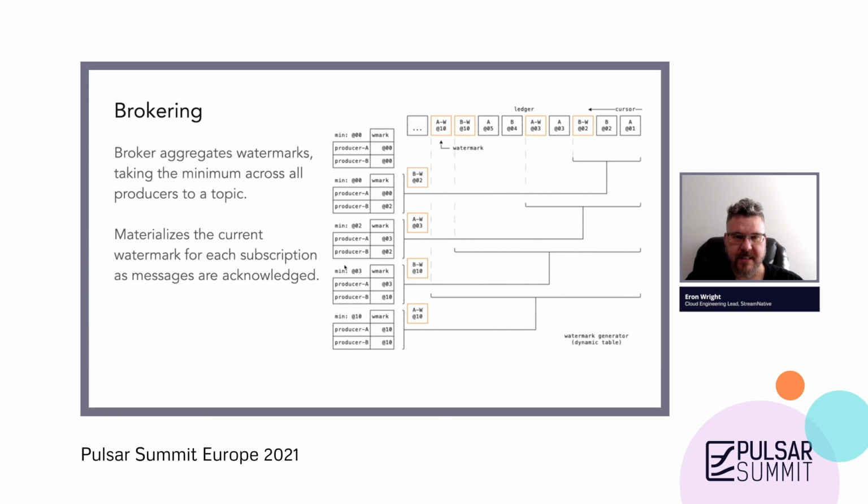And when we process that, now our table shows that producer A has given us a watermark of 3 and producer B of 2. Therefore, the global minimum watermark for this topic as of this point is 2, and that can be dispatched to any consumer associated with this subscription.